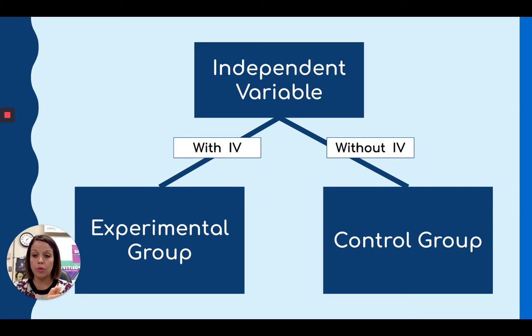So my control group should have all the other factors that the experimental group is exposed to, except the one thing that I want to change. So if I want to prove an apple a day keeps the doctor away, my control group has to have the same environment, same conditions, same everything, but they just don't eat the apple a day. And then we see, these two groups live in the same conditions.